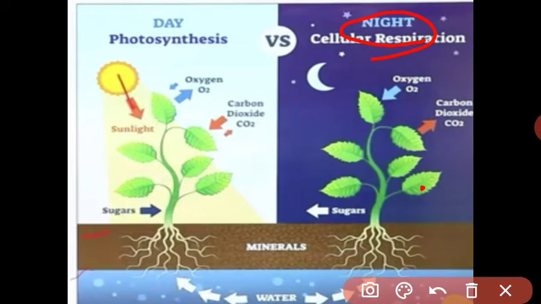With the help of these lenticels, in the night time the plant takes oxygen from the atmosphere and throws out carbon dioxide. Got it? Because photosynthesis is not carried out at night, there is no oxygen produced in the plant. So the plant takes oxygen from outside by diffusion and throws out carbon dioxide.